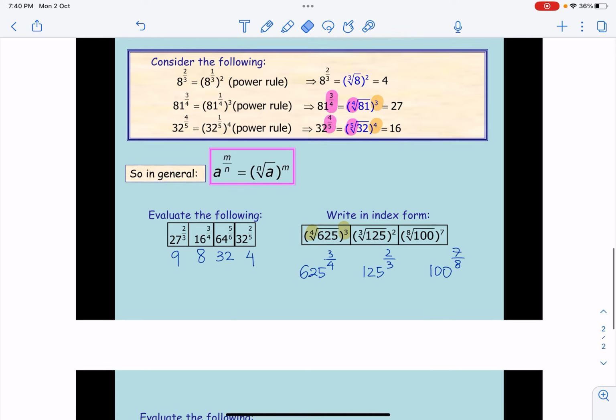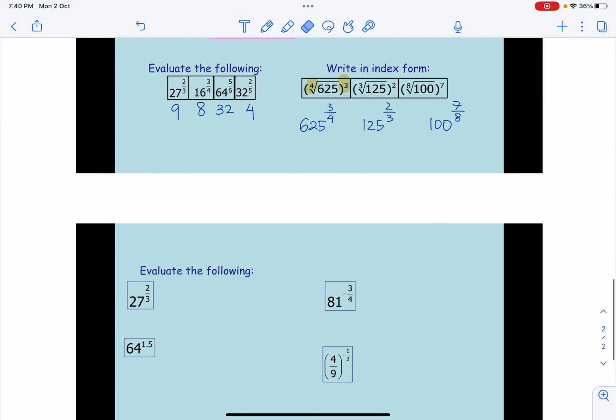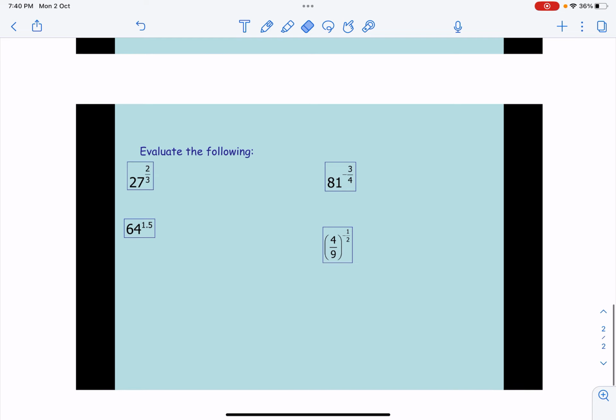So let's have a look next at some of these examples. 27 power 2/3 we already did before. So this was actually cube root of 27, which is 3. And then we square it, answer is 9. The next question, 64 power 1.5, but 1.5 is actually 3/2, right?